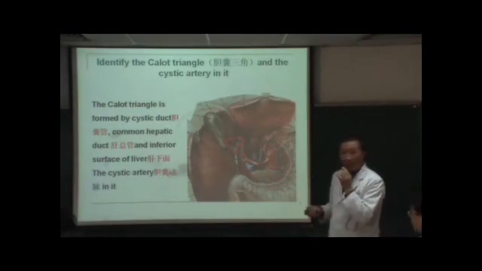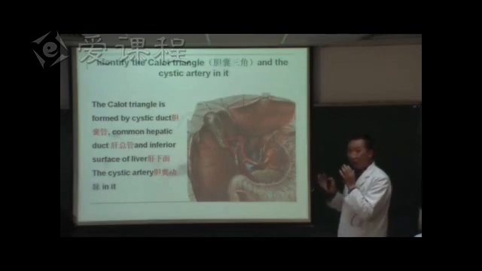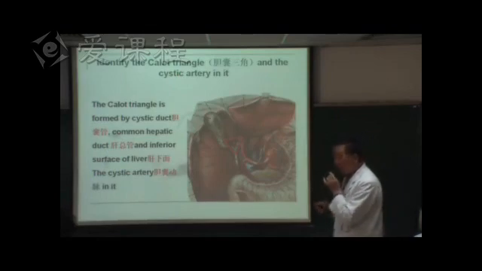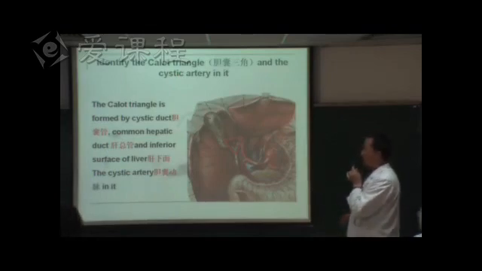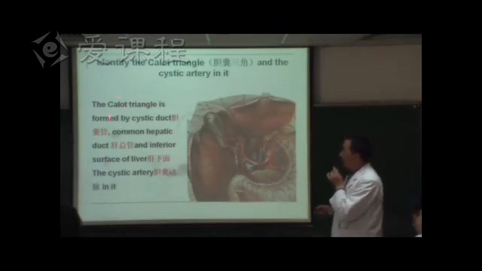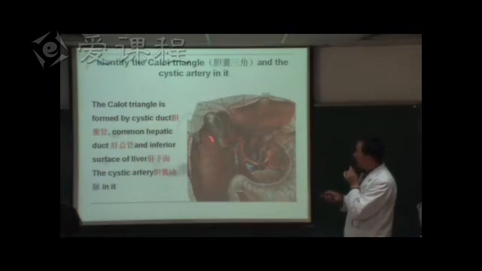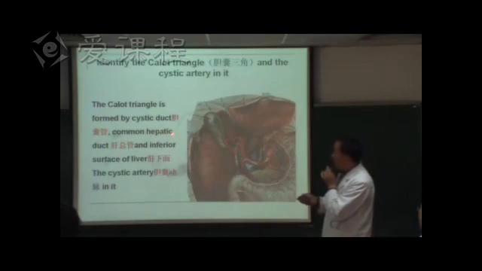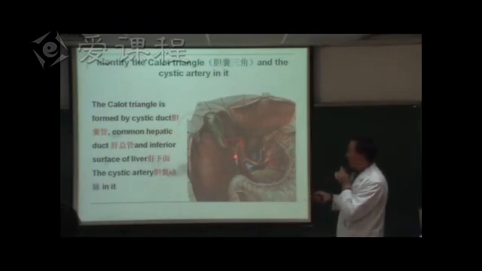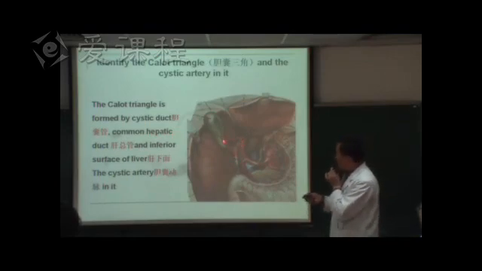Now you should know how the Calot triangle is formed. The Calot triangle is formed by the cystic duct, the common hepatic duct, this one, and the inferior surface of the liver.